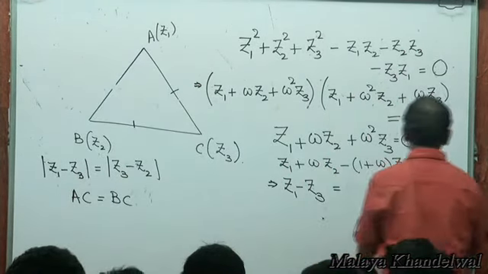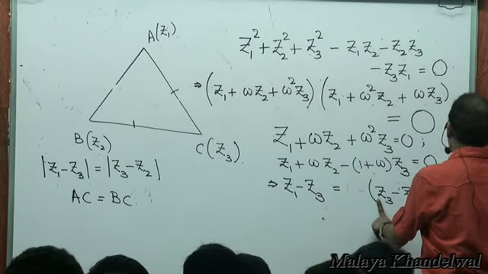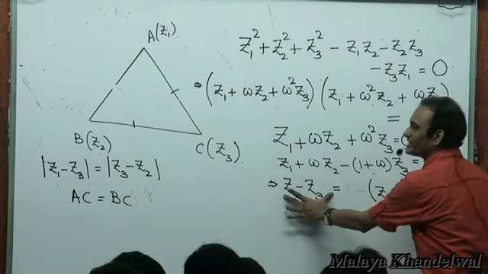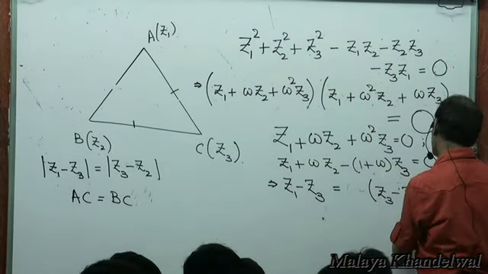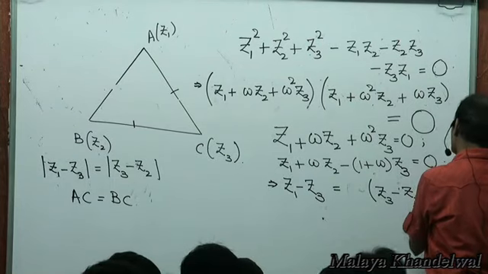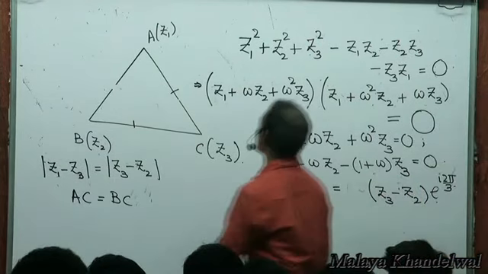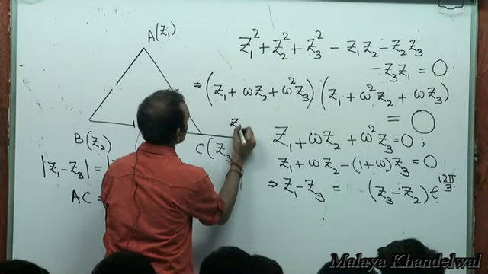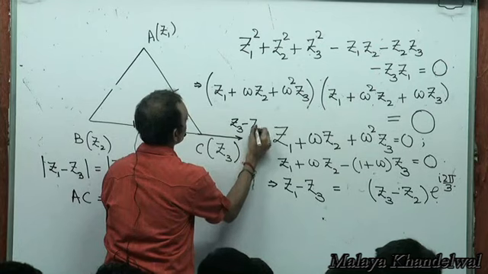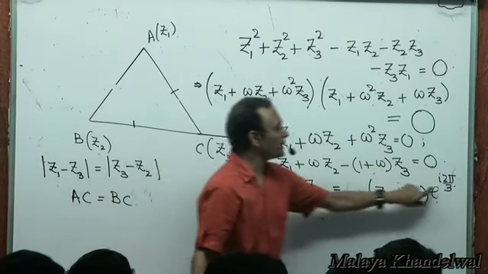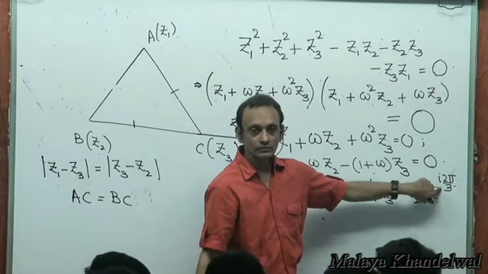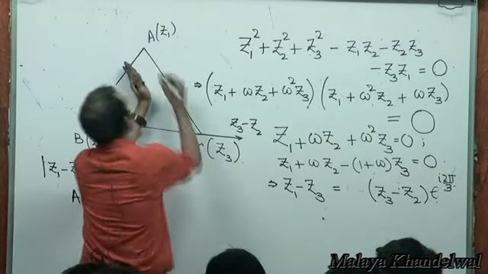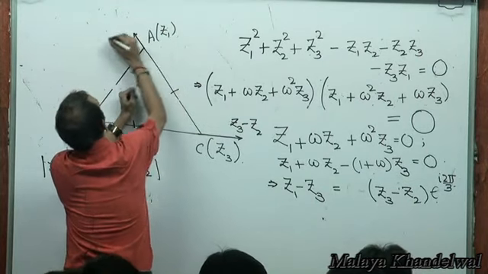That means z3 minus z2 is multiplied with e power i theta, and it coincides with the vector z1 minus z3, right? That means z3 minus z2 is this vector. When it is multiplied with this, it becomes aligned with z1 minus z3. This is z1 minus z3, yes or no?